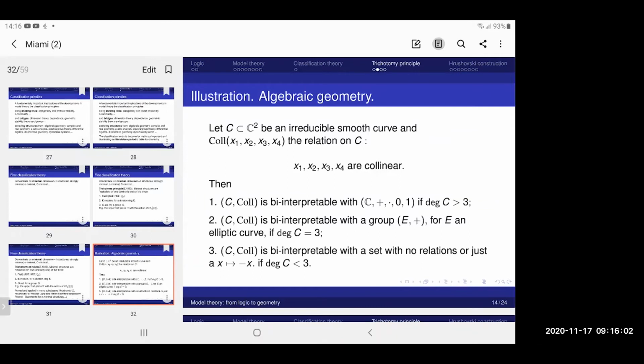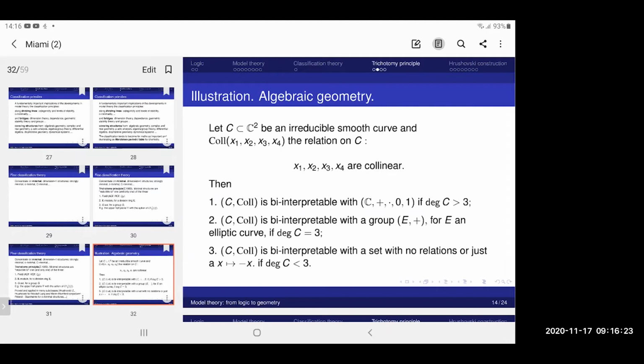For example, this application is related to what Bogomolov and Tschinkel called the abstract Torelli theorem for curves of high genus.